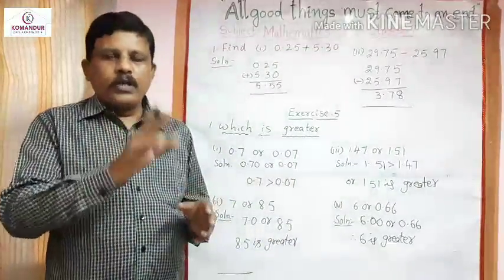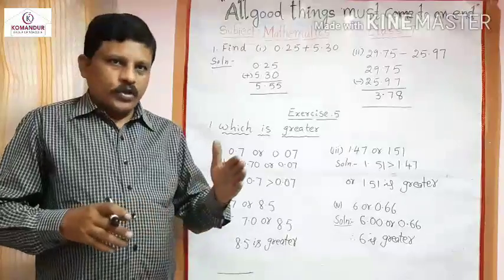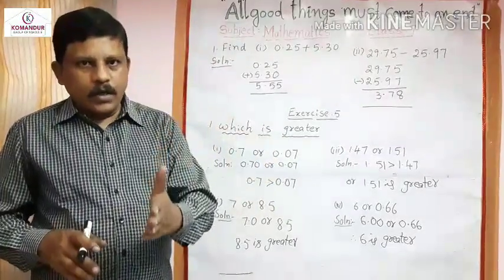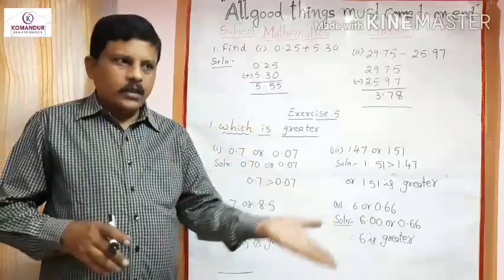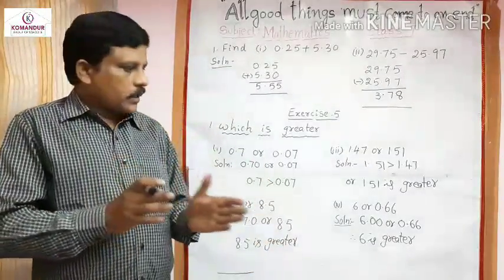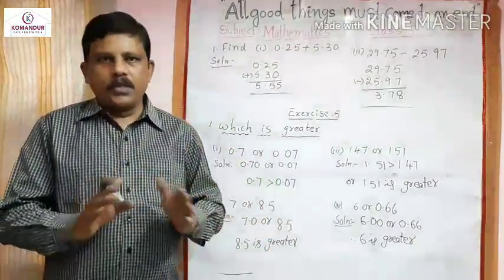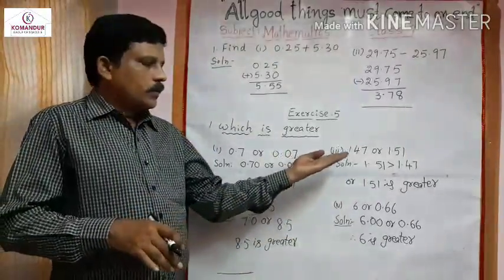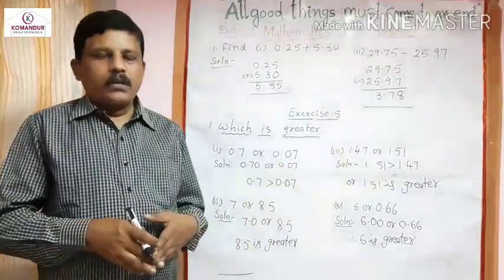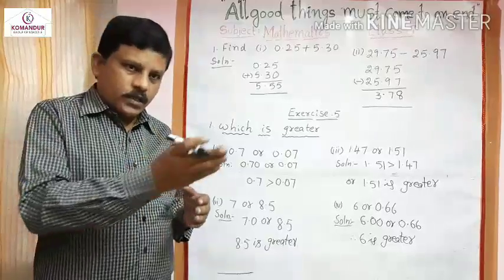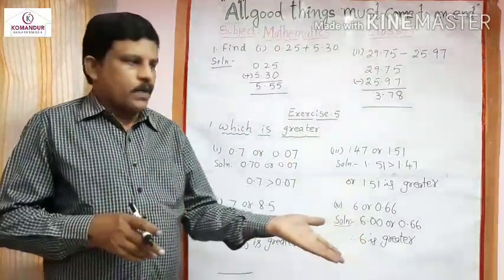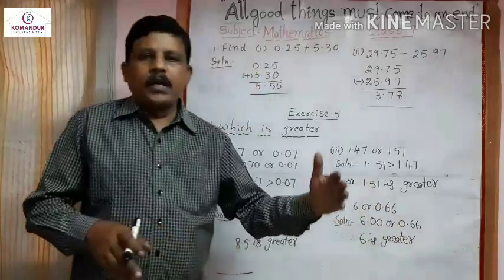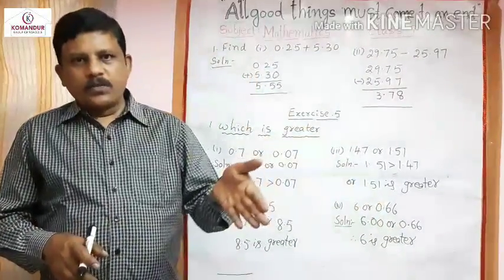Suppose 4 or 5 decimal numbers are given. The question is: arrange the following decimals in ascending or descending order. In the CCA pattern, they don't ask textbook questions as they are, that's why I am telling you this. First convert the decimals into like decimals, then easily you can identify which is greater and which is smaller.